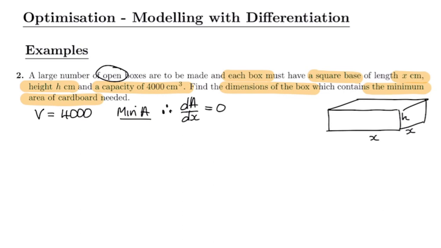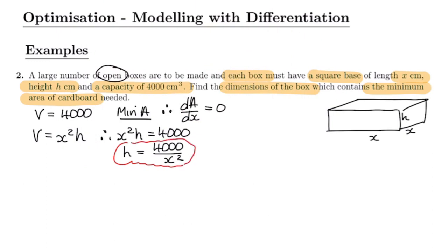Now you know that the volume of a box is x squared h. Therefore, x squared h must equal 4,000, so h equals 4,000 over x squared. And that piece of information is going to be quite crucial. But I'm also dealing with area, so I'm going to think about the area of this box. The area is made up from the bottom, which is x squared, and 4 sides.